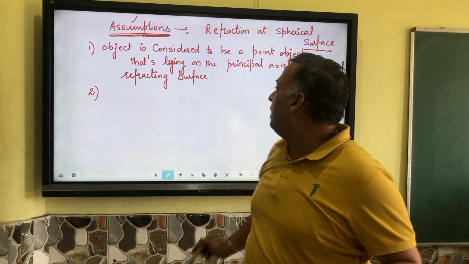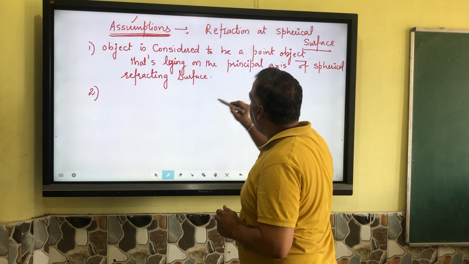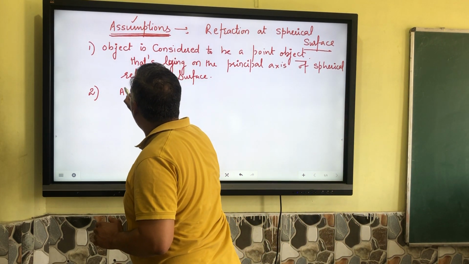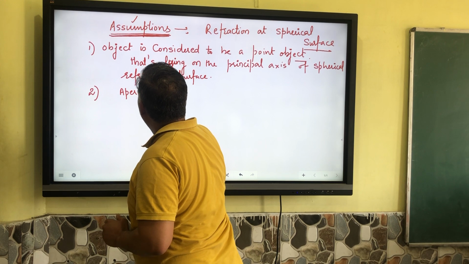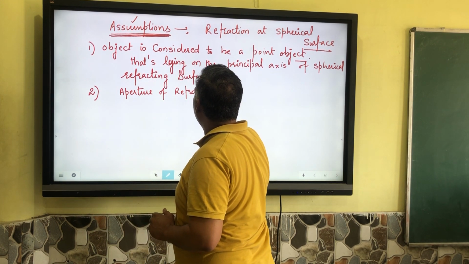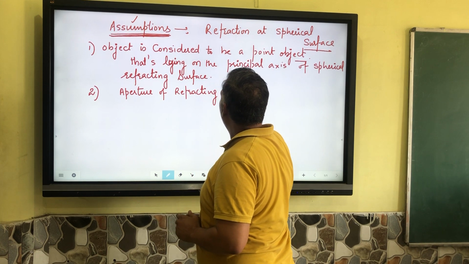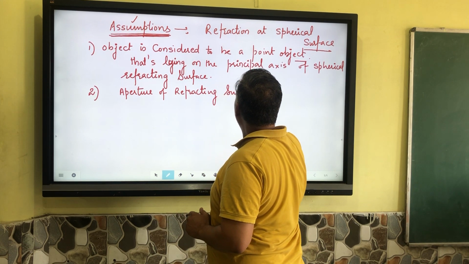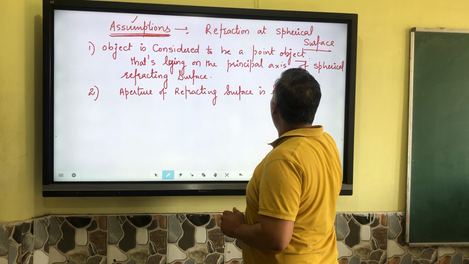So we think that the aperture of the refracting surface is small.